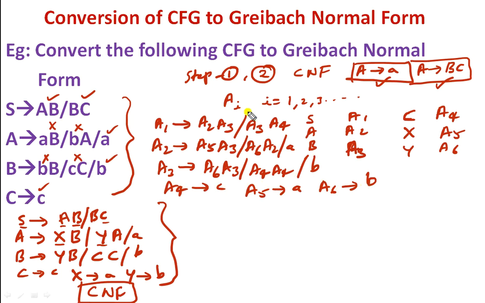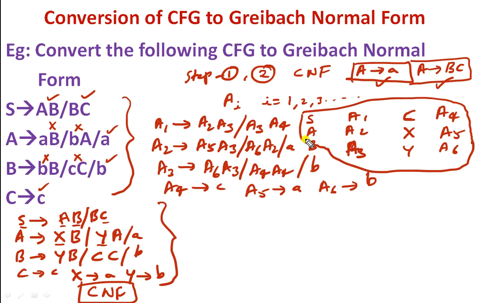So these are the modified production rules after replacing all the variables with Ai in ascending order.